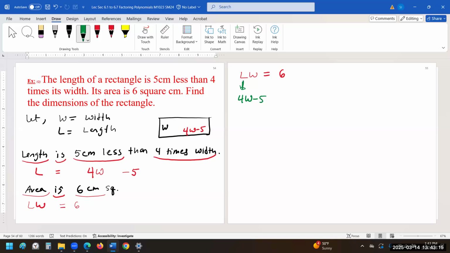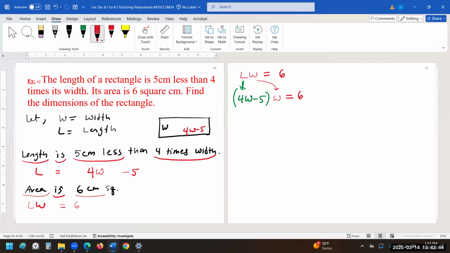So we are rewriting L using the W. So L disappears, and we have this thing times W equals 6. So basically we substituted L for this expression, just like the substitution method we learned solving system of equation.